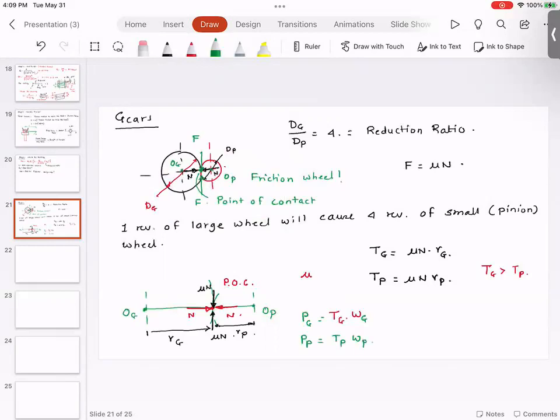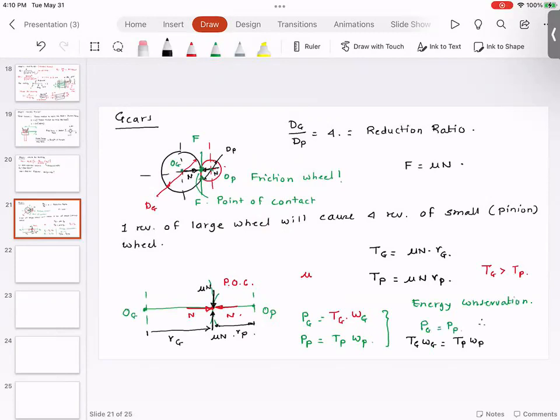So what I can say is, since power can neither be created nor be destroyed, energy conservation, assuming all other losses are zero, power P of G is equal to P of P. That gives me torque of the gear multiplied by speed of the gear is equal to torque of the pinion multiplied by speed of the pinion.